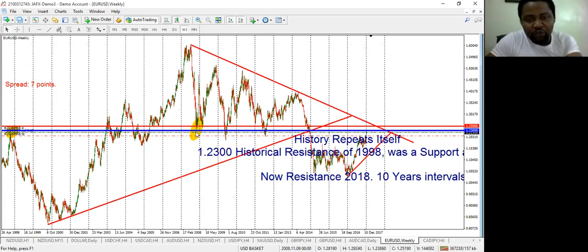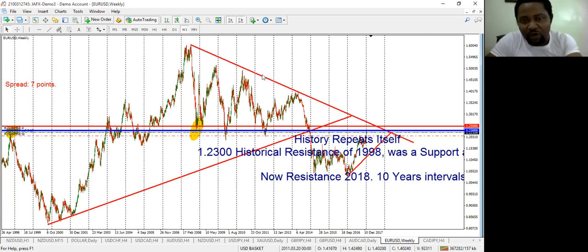Without that 1.2300, former resistance of 10 years ago, 1998, the crash would have continued down. So the 1.2300, being history of 10 years as resistance, became the future support and rescued us and gave some cushioning to the crisis that is yet to recover.